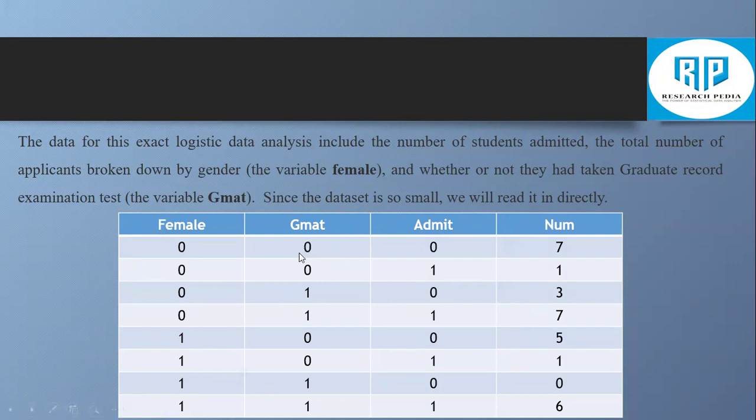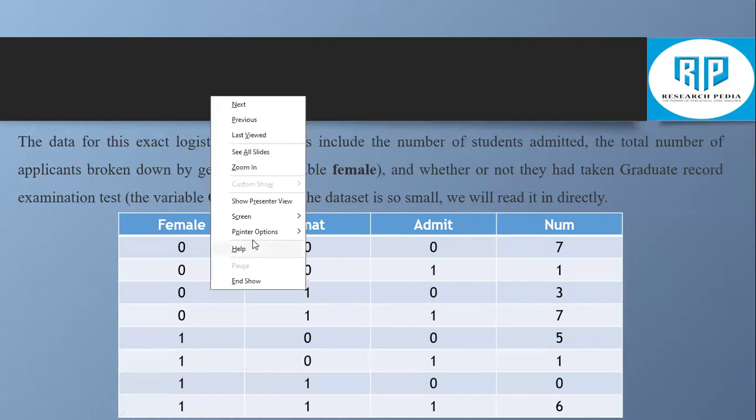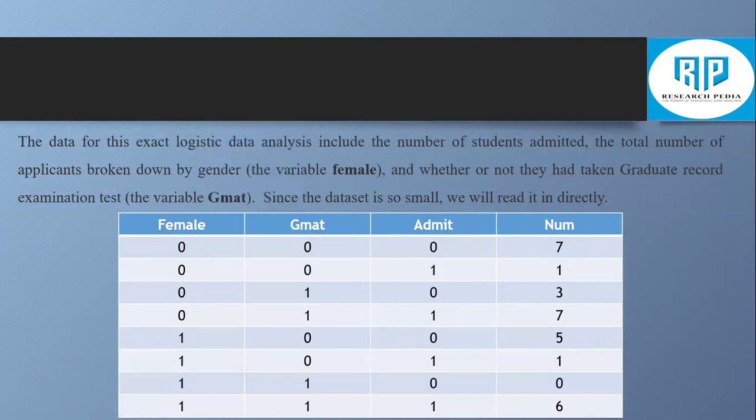If the student has attempted the GMAT test, it is indicated by 1, and if he or she has not attempted it, it is indicated by 0. Then you can see the admit variable with 0 and 1. 0 means the student could not get admission, and 1 indicates the student got admission.